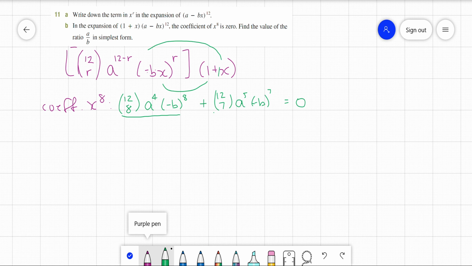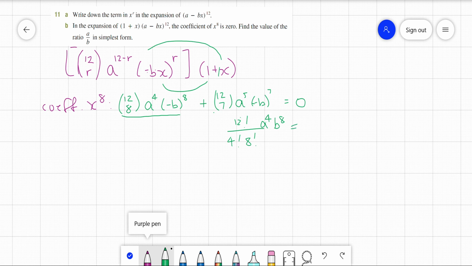So if I keep the 12 choose 8 part on the left, I'm going to have 12 factorial on 12 minus 8 factorial, 8 factorial, a to the power of 4, and negative to the power of 8 is positive, so I'll just put b to the power of 8.